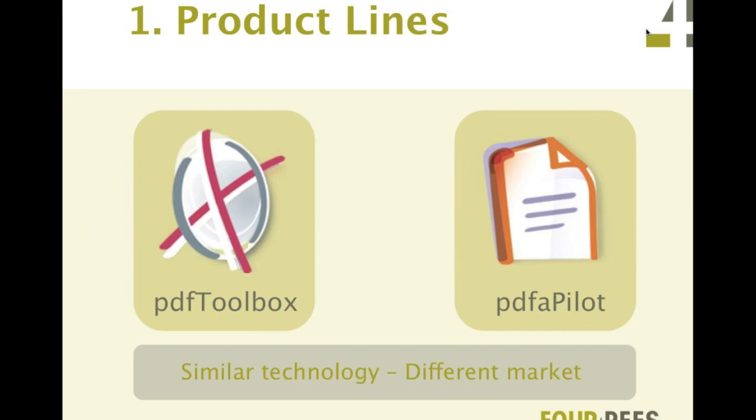They differ a lot in terms of intended market, though. pdfAPilot is oriented towards the archival, which is more enterprise, government, libraries, and so on market, so the archival market. pdfToolbox, which we're going to look at today, is oriented towards graphic arts, print and publishing. So same technology, different market.